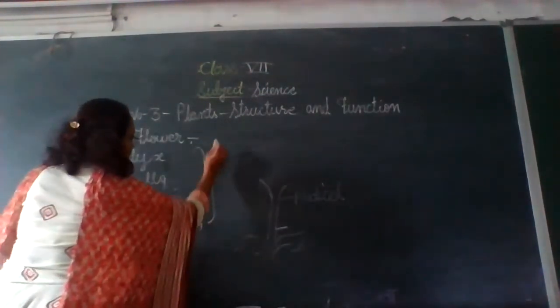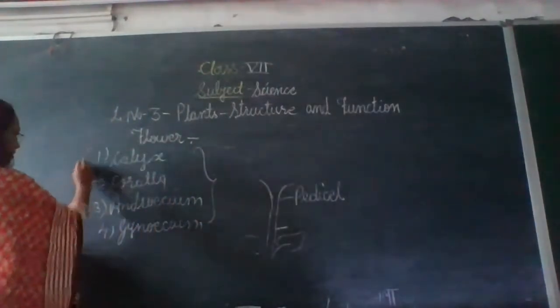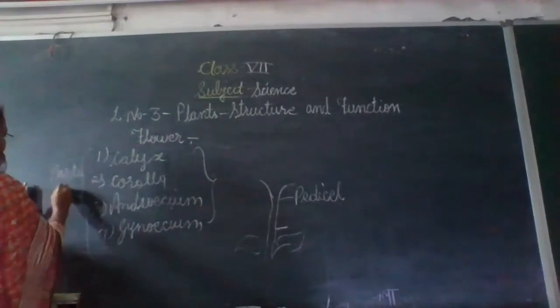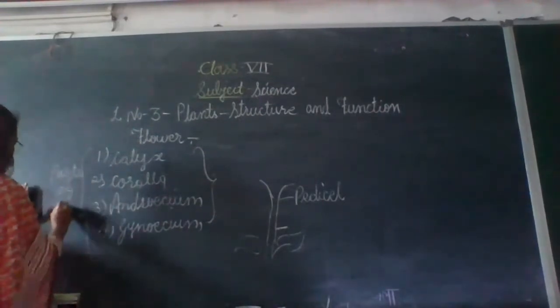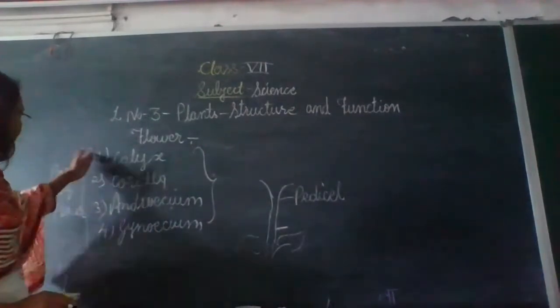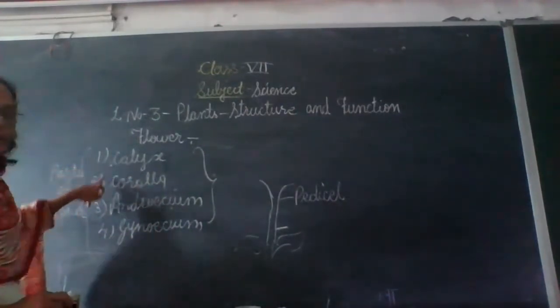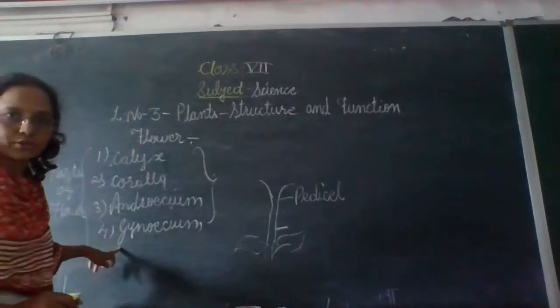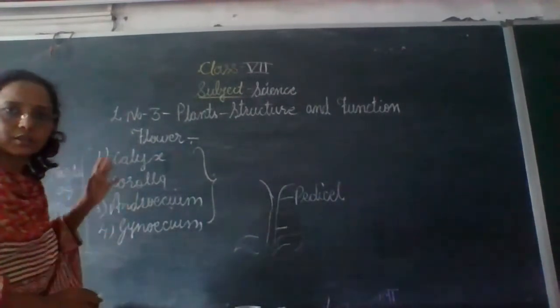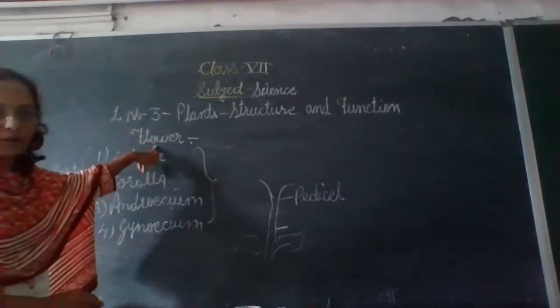These are the parts of a flower. These complete parts, calyx, corolla, androecium, gynoecium, are arranged on a structure that we call a flower.